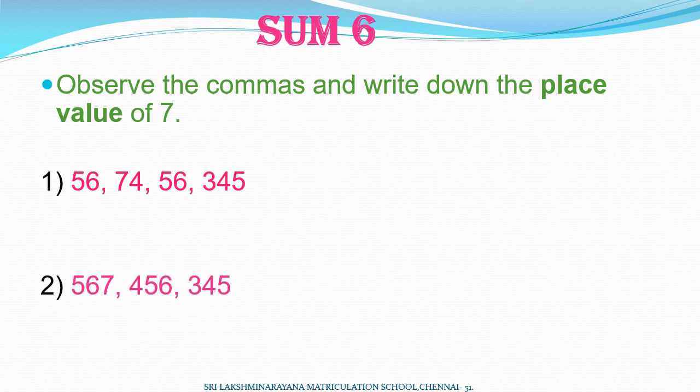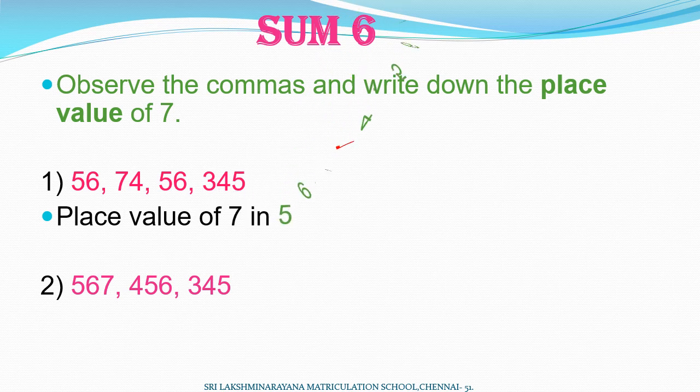It is in the international system. So first we will write down the place value of 7 for the first one. Write the 7 and after 7 there are 6 digits. So add 6 zeros and we have to read this number as 70 lakhs.